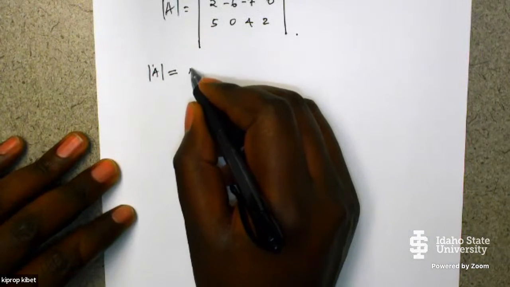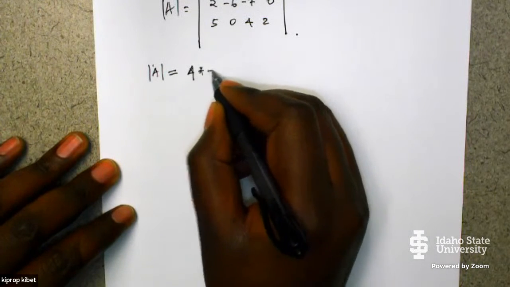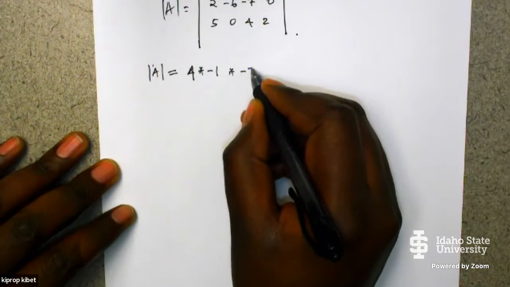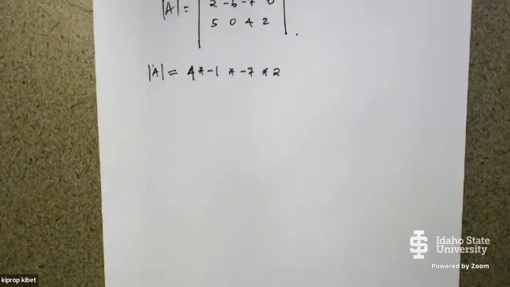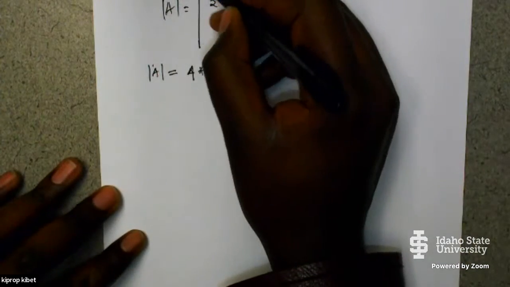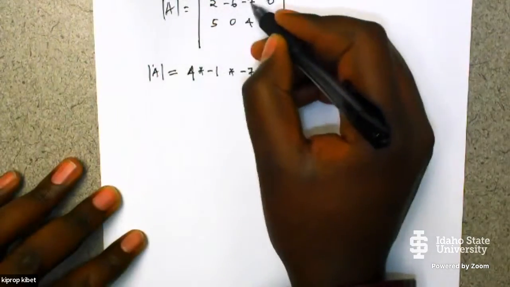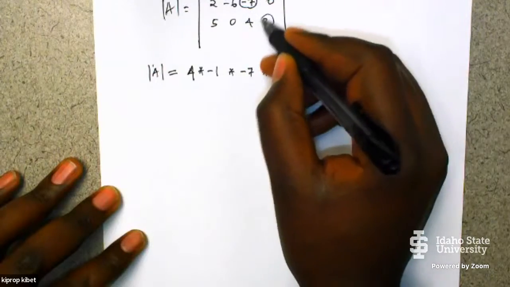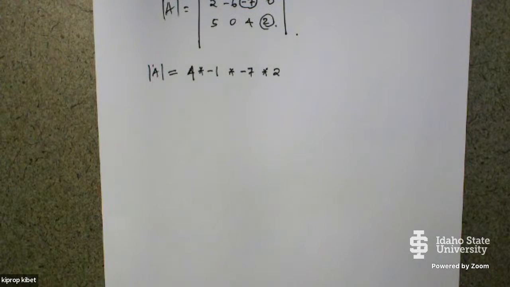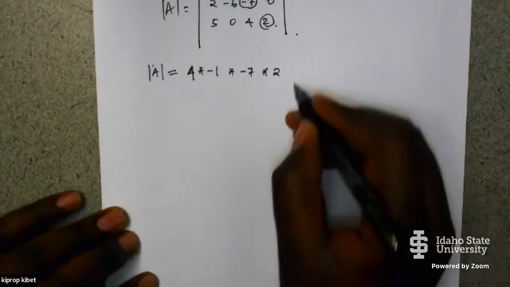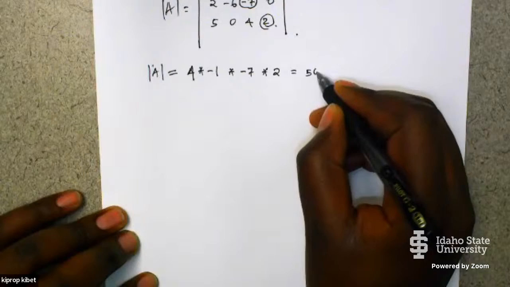So 4 multiplied by -1, multiplied by -7, multiplied by 2. So what you get is 56.